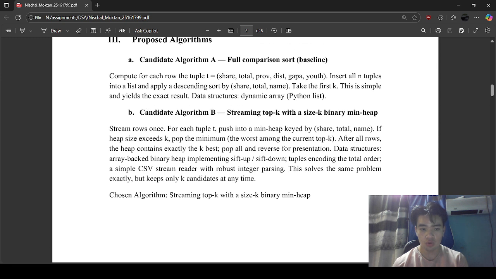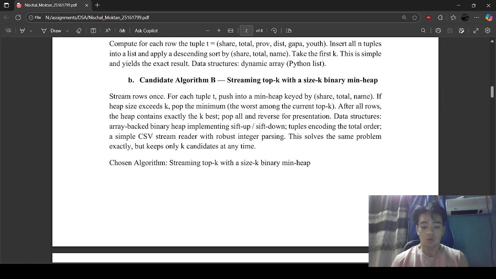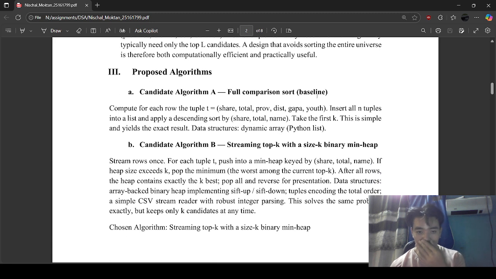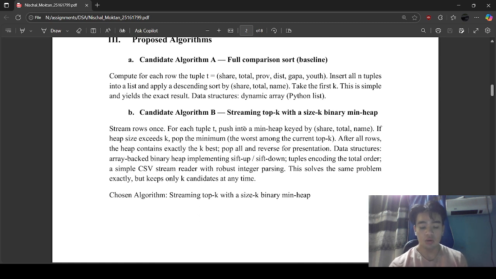Why did I choose algorithm B? I implemented and compared two exact algorithms. Algorithm A, the full comparison sort, computes a table of every share, total, province, and district for every row, sorts descending by the ranking rule, and takes the first k.